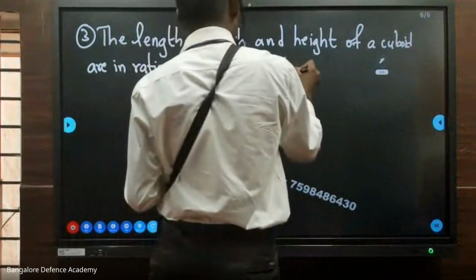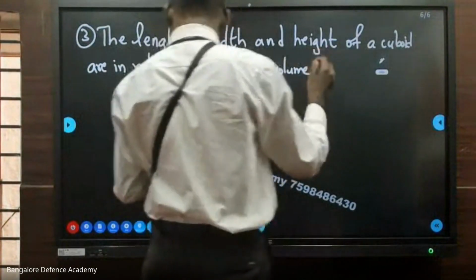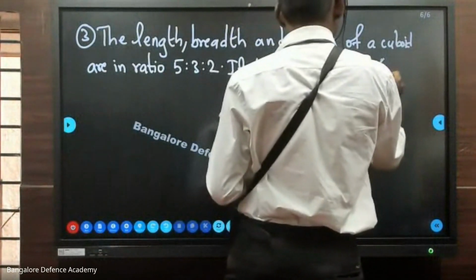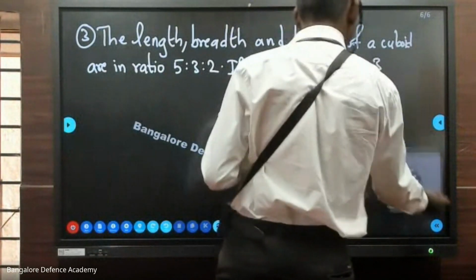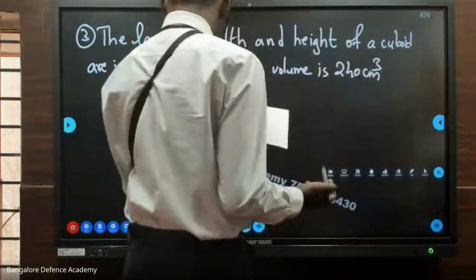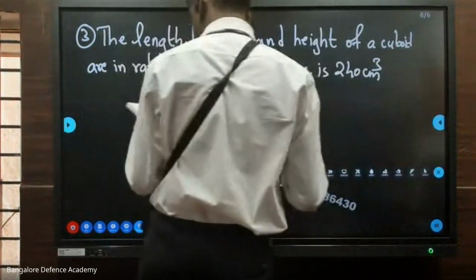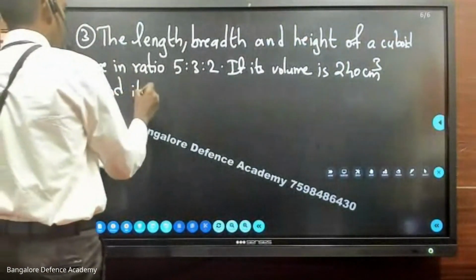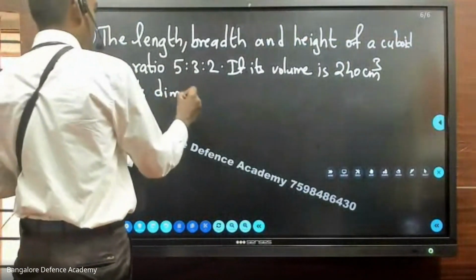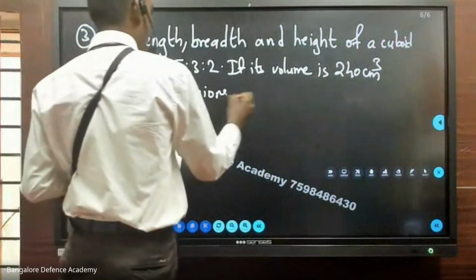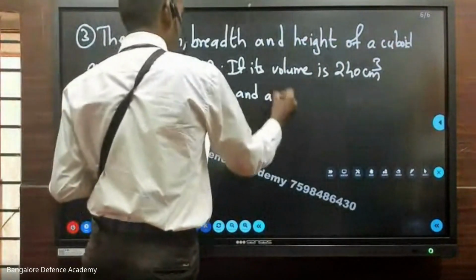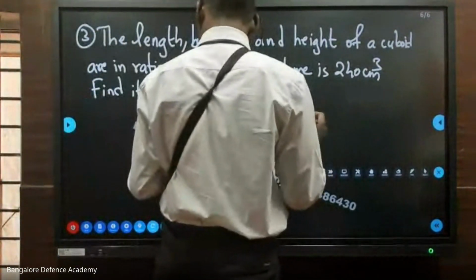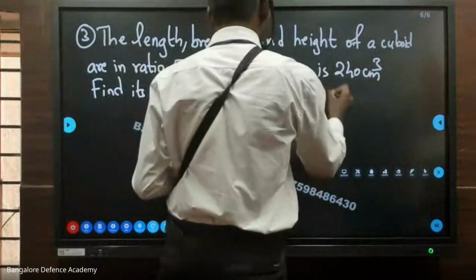If its volume is 240 centimeter cube, find its dimensions, and also total surface area.